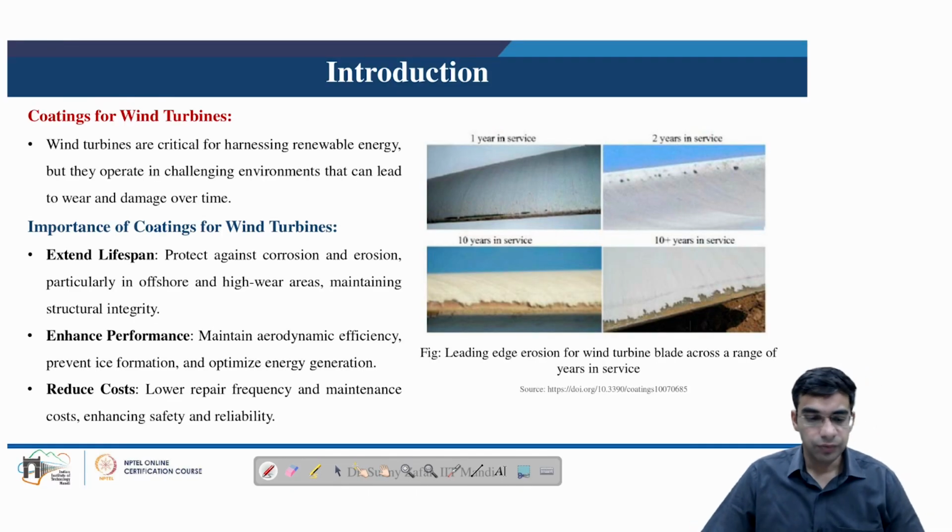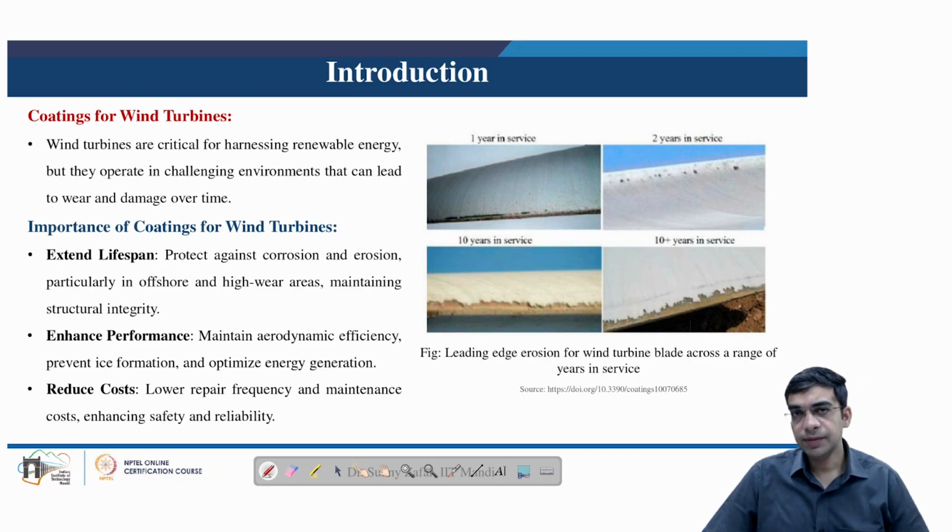So, as we know, wind turbines are energy harvesting or energy conversion devices that utilize the blowing wind and convert the kinetic energy of the blowing wind, and subsequently this energy is converted into electricity by the rotating blades.